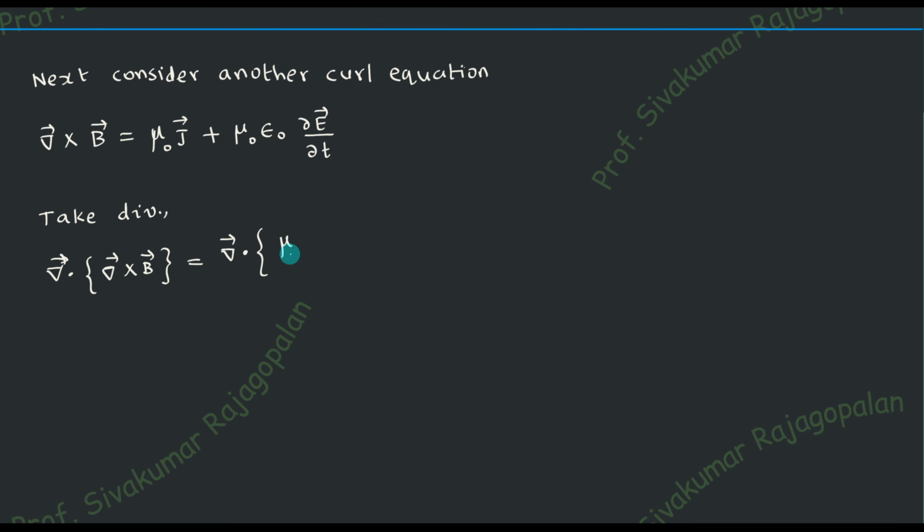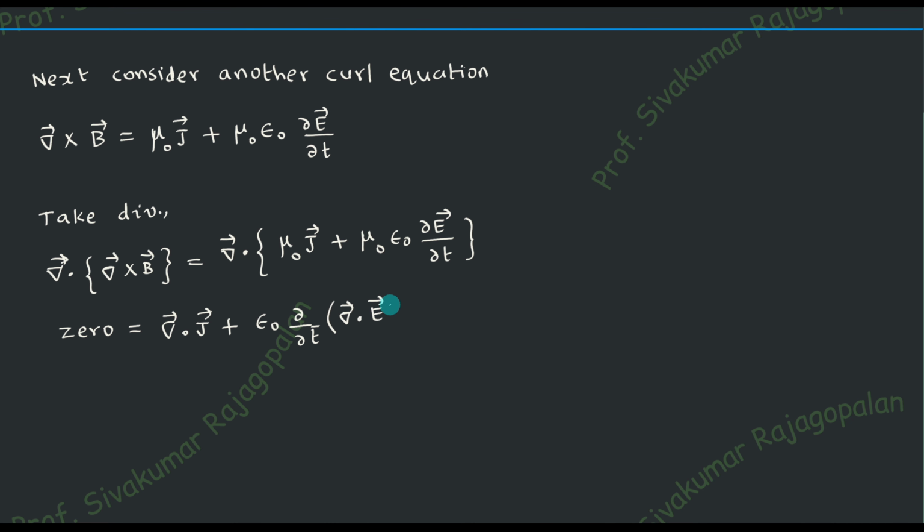Simply copy whatever is there, and that's it. By mathematics it goes to 0 on the left hand side, and on the right hand side, mu naught is common, so let me remove it. What is left out is divergence of J, plus epsilon naught, then the time derivative, and then the divergence of the electric field. Okay, that's all about it.